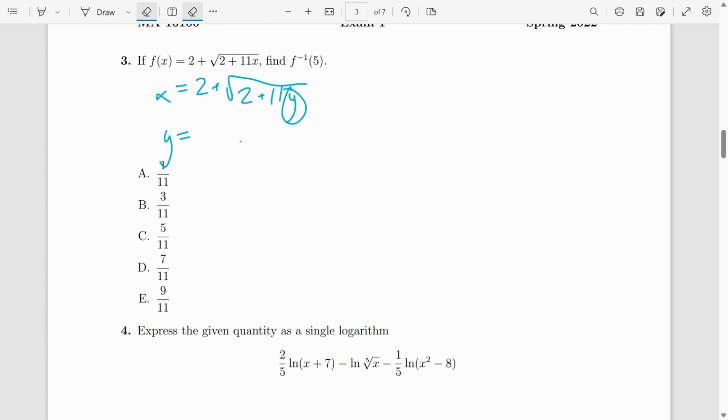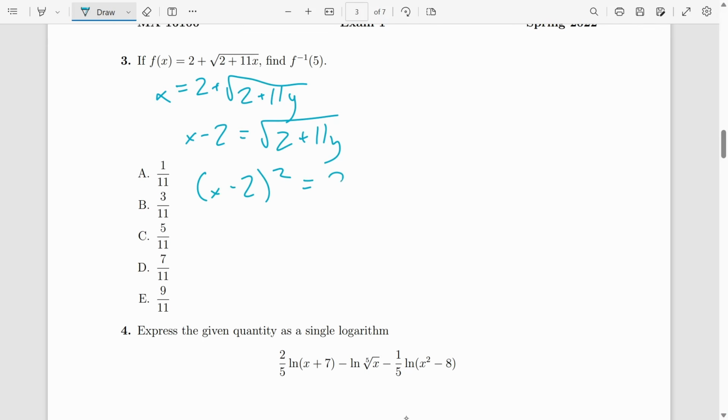So now we can actually do this and figure out what y equals here. First step, we should probably subtract 2 from both sides, get rid of that. So this becomes x minus 2 equals the square root of 2 plus 11y. Now we can square both sides to get rid of the square root on the right side. So this becomes x minus 2 squared equals 2 plus 11y.